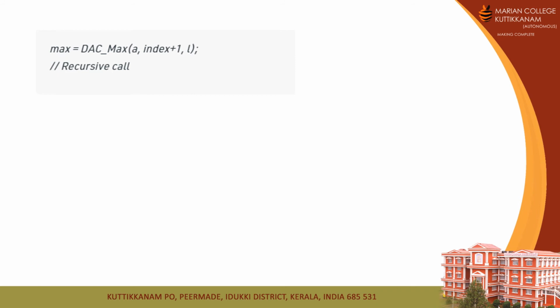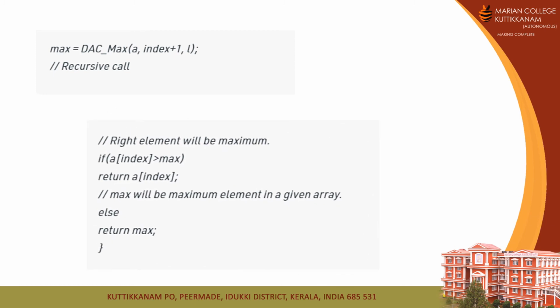Now, we will compare the condition and check the right side at the current index of the given array. In the given program, we implement this logic: if A of index is greater than max, then return A of index. Else, we should return max.